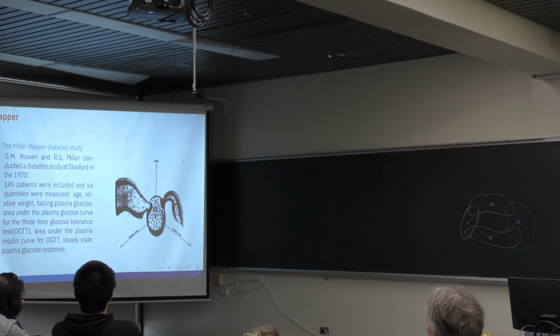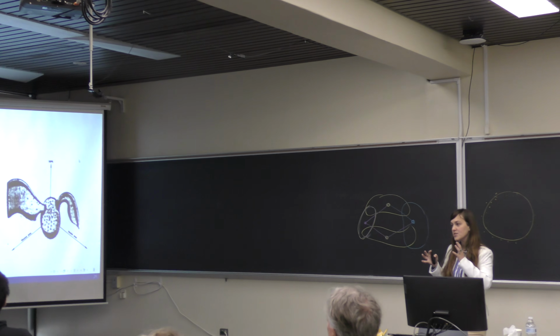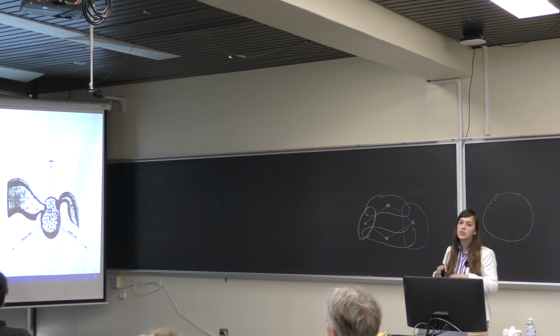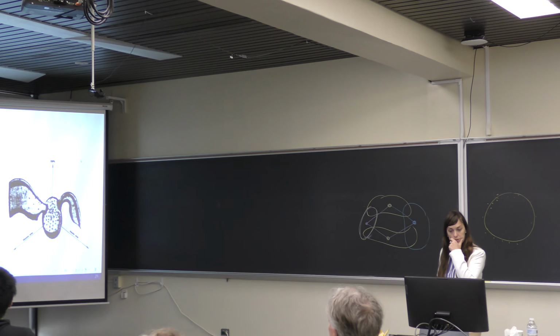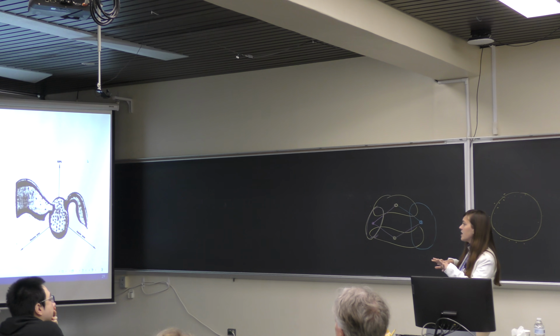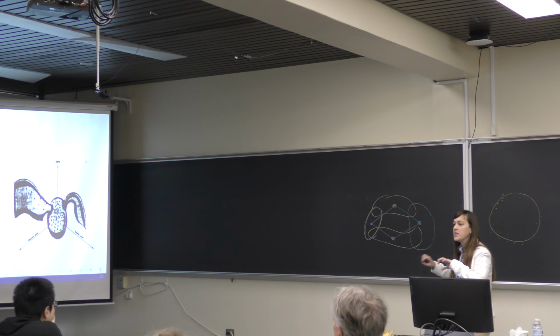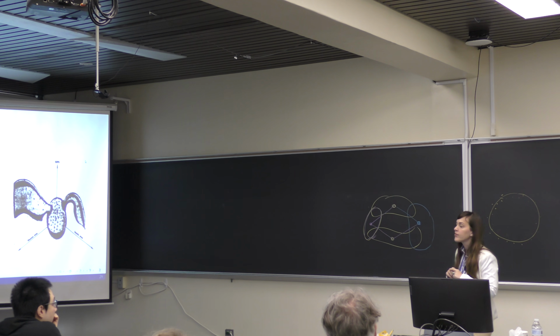So diabetes has been studied for a long time, and it has also been clear for a long time that there are different types of diabetes. The most basic division is between the juvenile form and the form that one gets later in life.